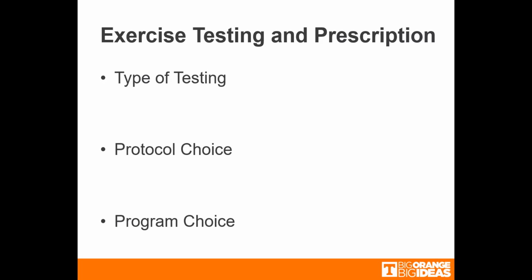If I'm working with, say, a clinical population, looking at the effect of different treatments on their aerobic fitness level, I will probably do a VO2 peak test, because that will give us the best information to be able to determine if interventions are working.